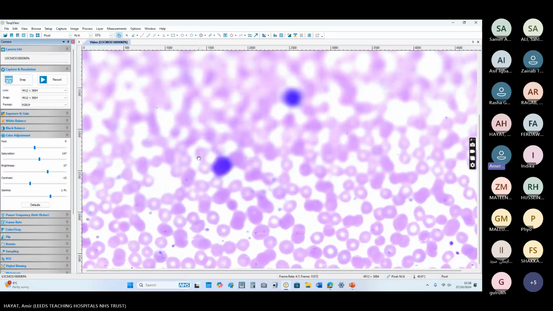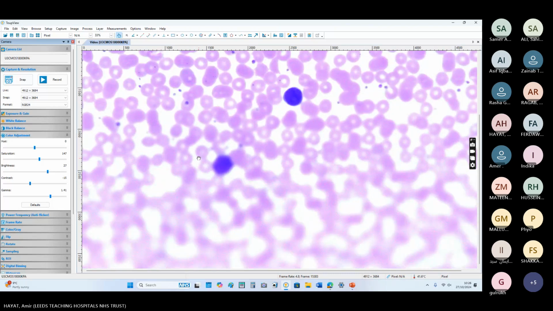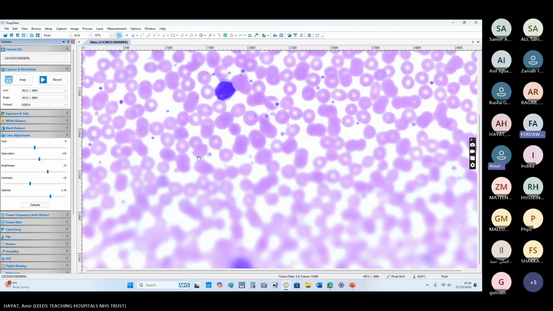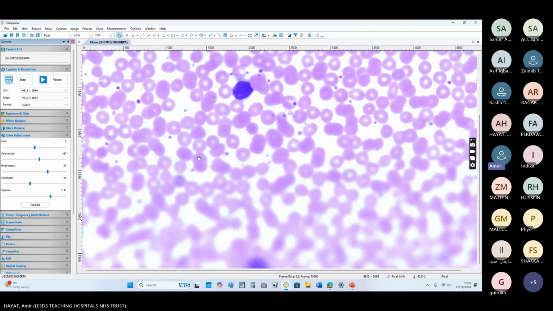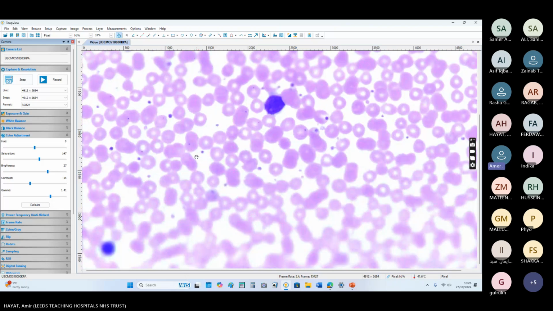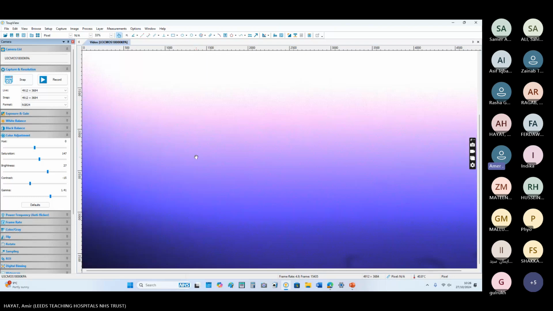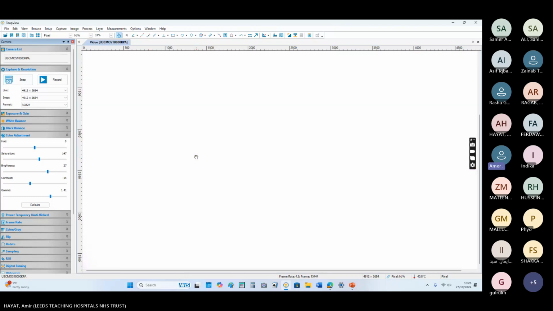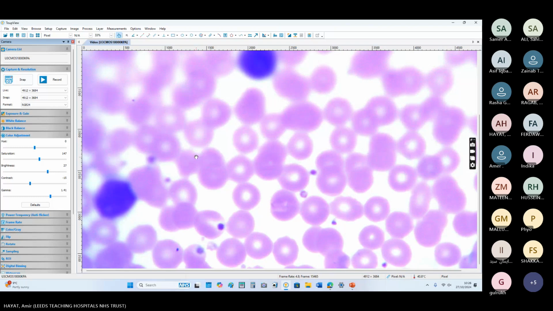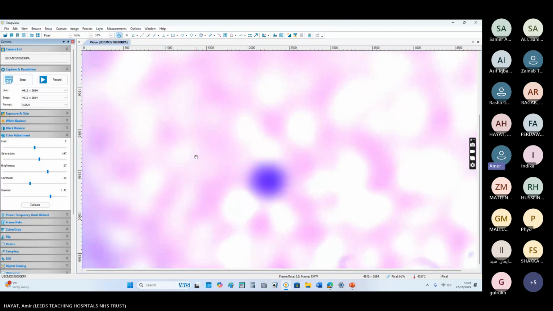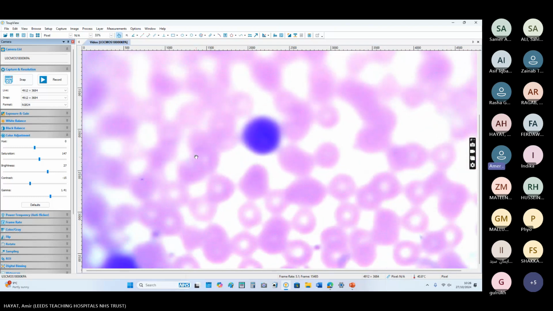But they are bigger than the CLL cell. CLL cells are a bit small, and these cells are a bit bigger. The nuclear content is mature in both, but the Sézary has a typical cerebriform appearance.